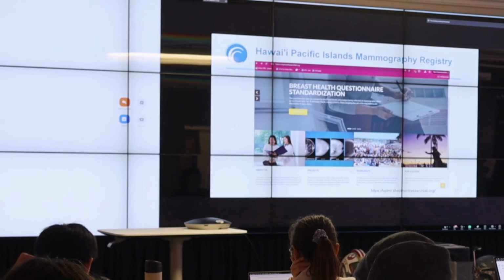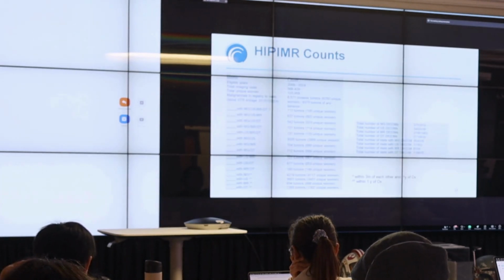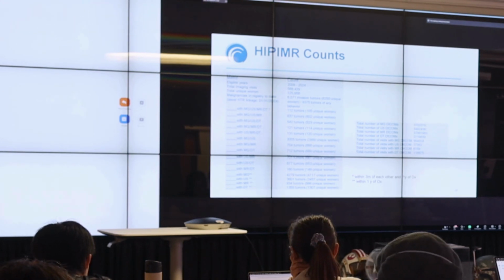Currently, we have curated about 125,000 women with over 568,000 total imaging visits, and the total size of that data set, I think, is sitting somewhere around 80 or 90 terabytes with 67 million DICOMs. So we also outline all the different combinations of tumors with these imaging technologies, so we can hopefully solicit others to use this data with us and learn more about the risk in our women.